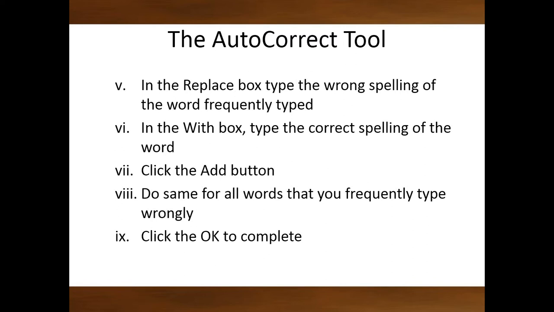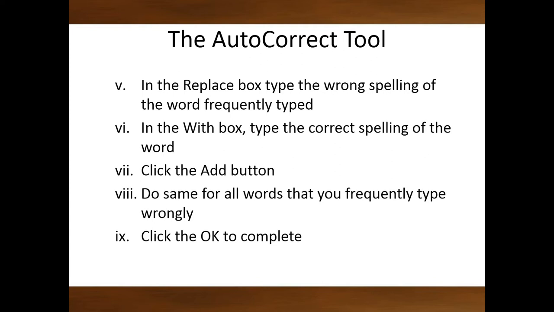Step 6. In the With box, type the correct spelling of the word. Step 7. Click the Add button. Step 8. Do same for all words that you frequently type wrongly. Step 9. Click the OK button to complete.